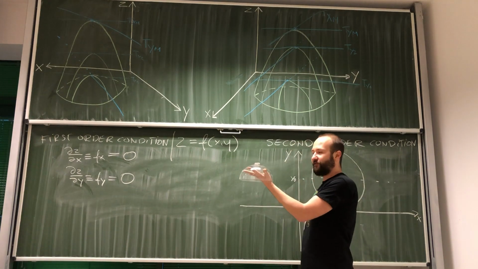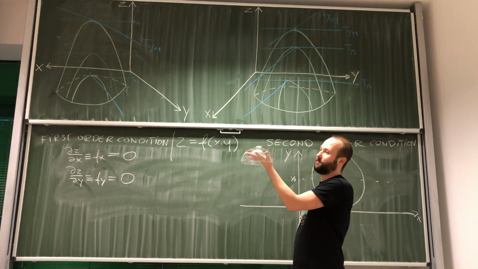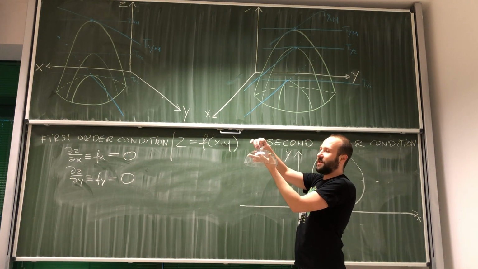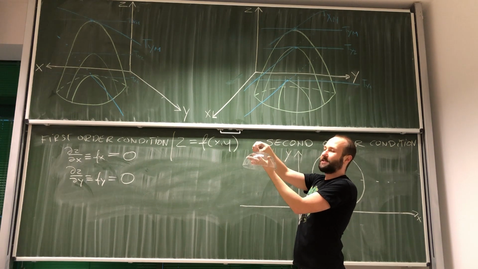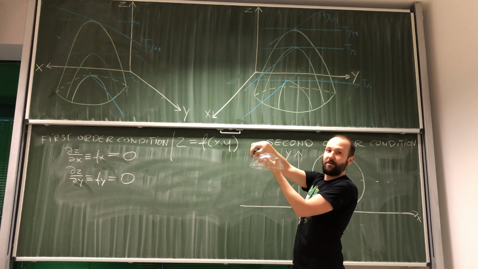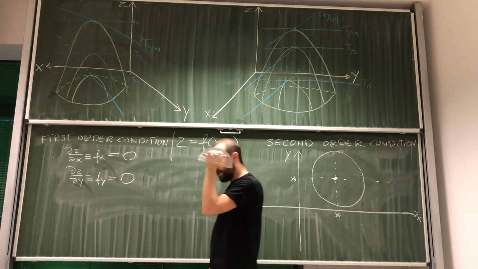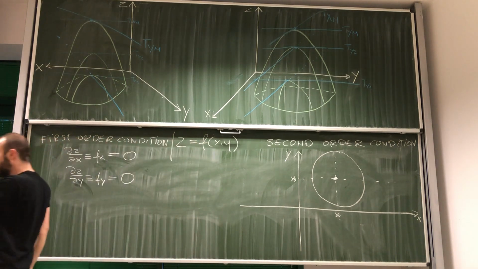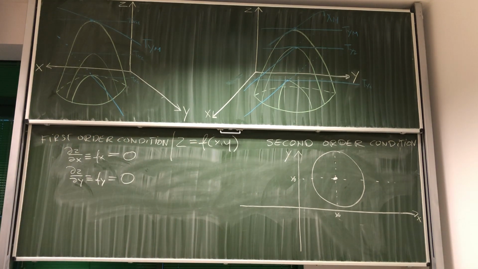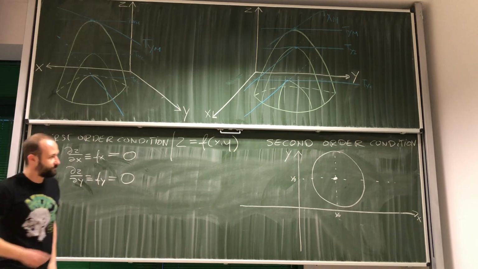What is specific about being on the top of the hill? The specific thing is that it doesn't matter in which direction you're going to move, you will always go down. And look, this is the entire idea behind second order condition for maximum.